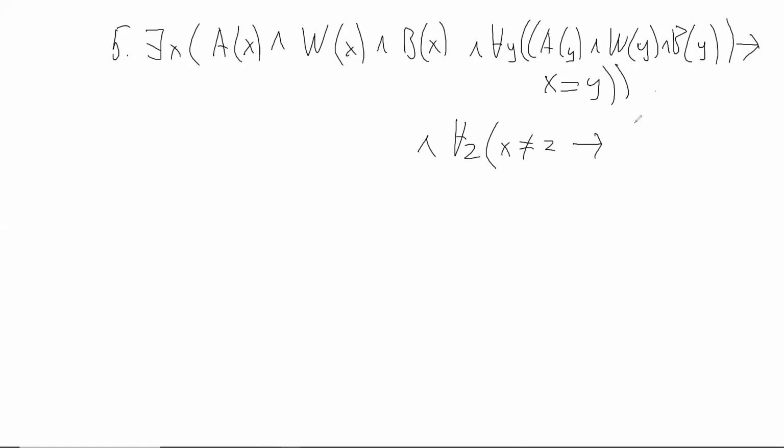Then if Z is a creature in Farmer Brown's field, then Z does not have wings. All right, so this symbolizes the whole sentence.